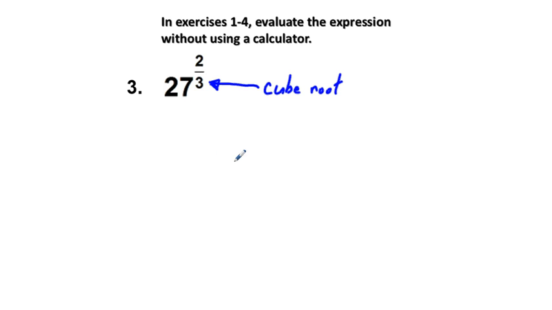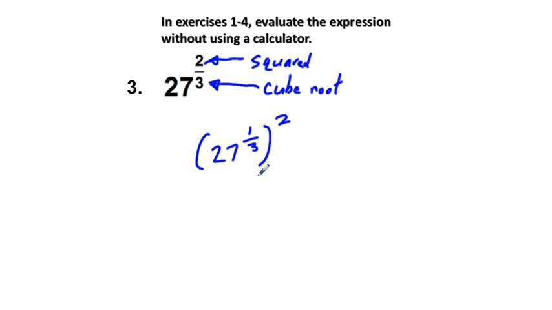And this will be like 27 to the 1/3 power squared, right? Because the 2 here is a power in the numerator. So we have a combination of the 1/3 power, 27 to the 1/3 power, and then squaring that.